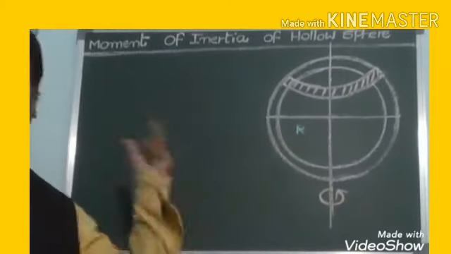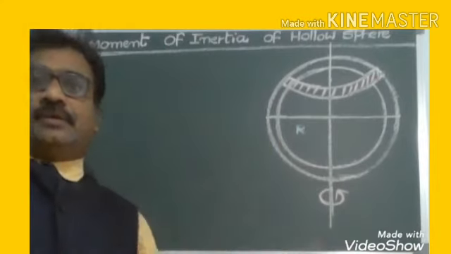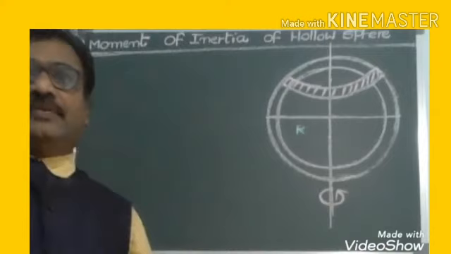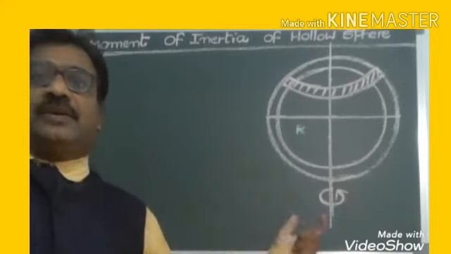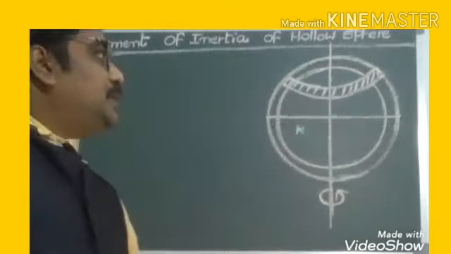Now I am going to calculate the moment of inertia of a hollow sphere. First I am going to calculate the moment of inertia of a unit shell of spherical ring.